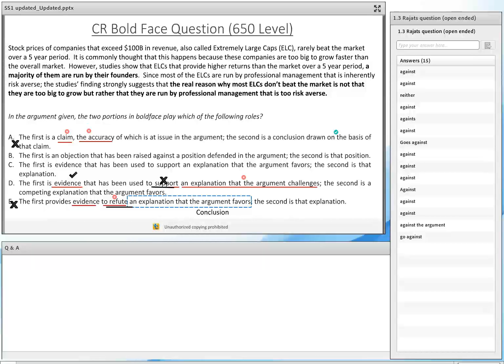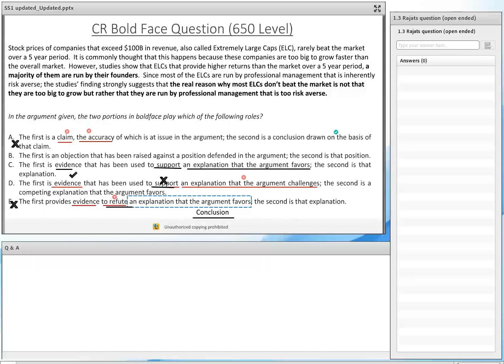Let's look at what choice C says. Choice C says the first is evidence that has been used to support something. What? An explanation that the argument favors. We already said an explanation that the argument favors, an argument is nothing but the conclusion. The sole purpose of writing any argument is to further the conclusion.